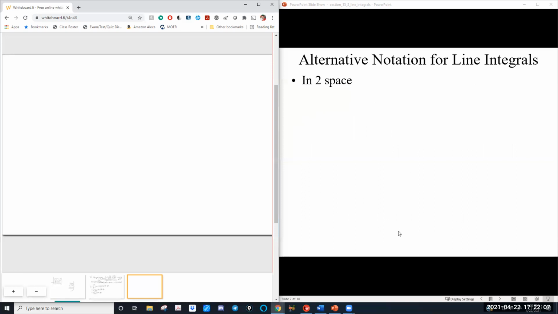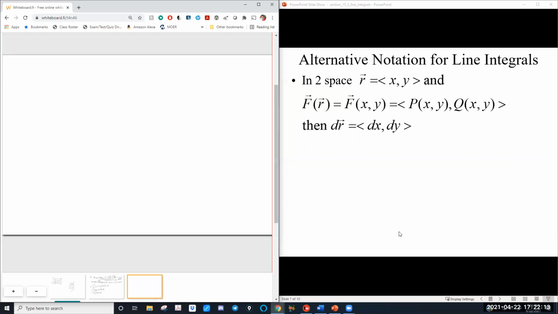Now, here's the differential notation. Like I said, I don't use this very often, but because it was in the videos, I do like to bring it up. So our dr is dx dy, and we can think of our vector field as being made up of components that are functions of x and y.